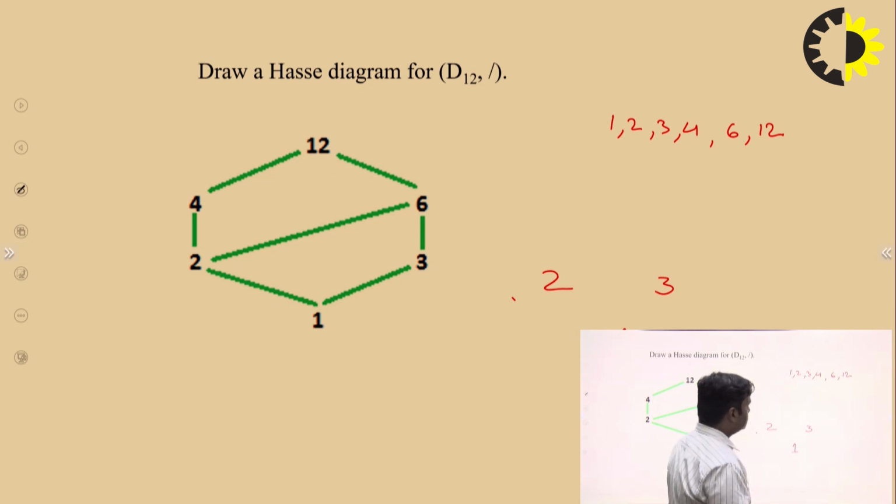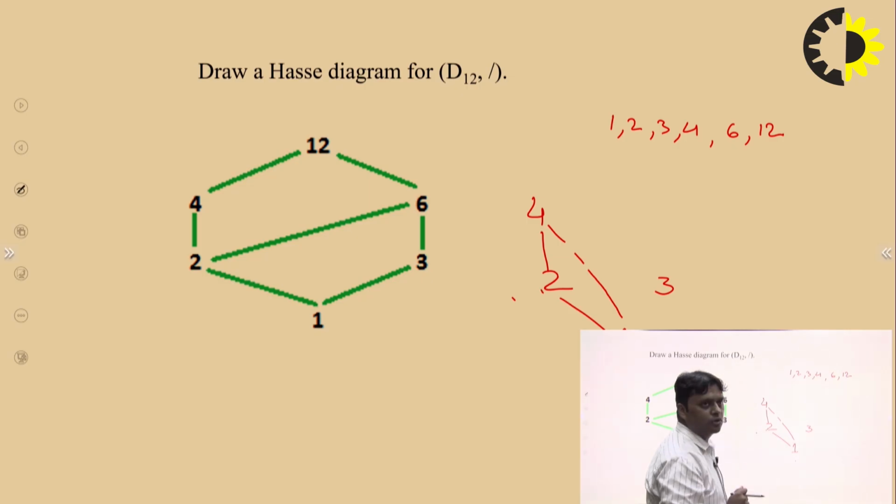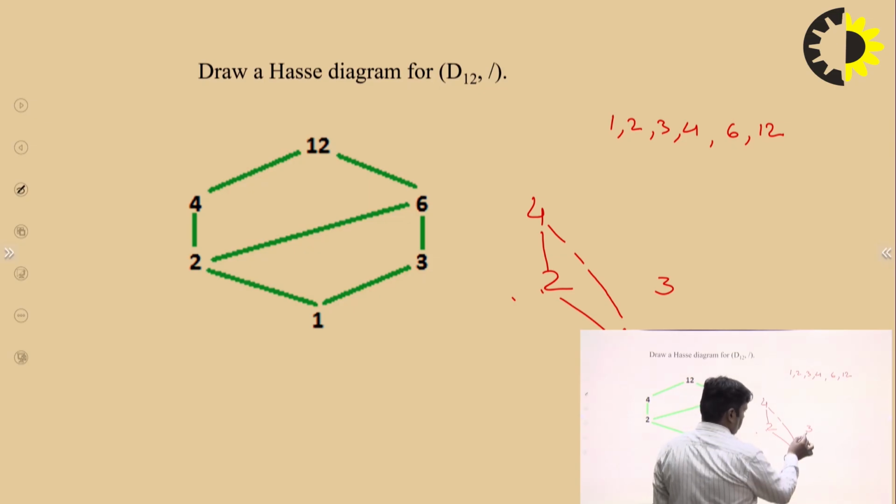Then the next one is 4. 4 is divisible by 1 and divisible by 2, and 3 is divisible by 1.